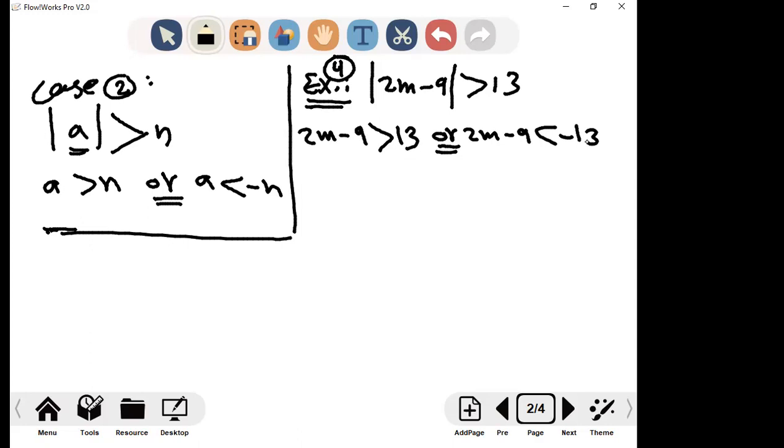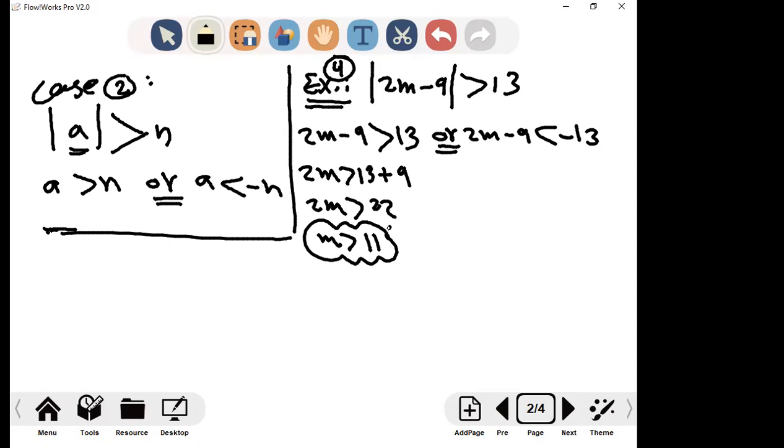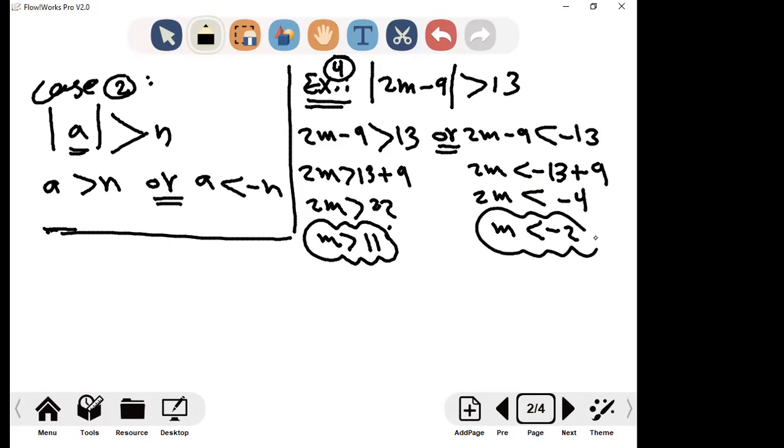Solve this, then graph your solution. Here 2m more than 13 plus 9, 2m more than 22, m more than 11, right? And here or 2m less than negative 13 plus 9, 2m less than negative 4, right? Dividing by 2, m less than negative 2. Or, not and.